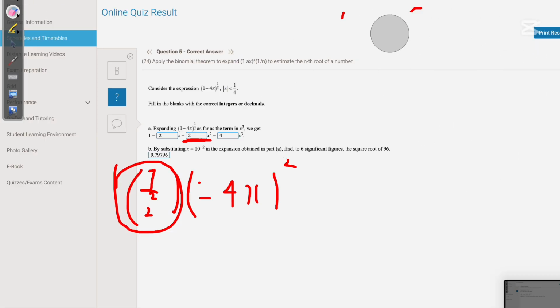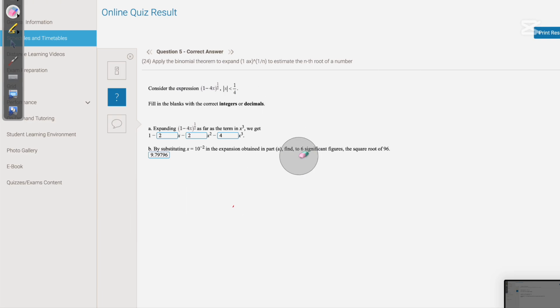Now for the next part, okay, how are we gonna do this? So for the next part, again, it's the same thing, but in this case k is 3, so 1 over 2 C3, just b to the k, so negative 4x cubed.